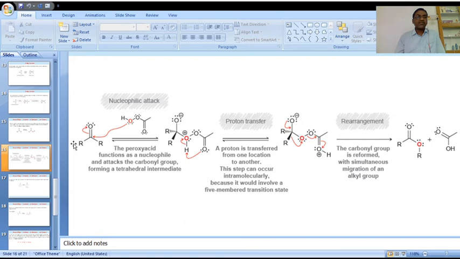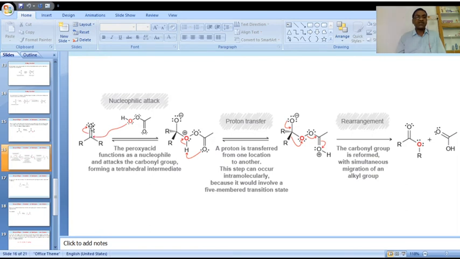Here, the ketone carbonyl functional group reacts with the peroxy acid. This peroxy acid acts as a nucleophile, because this particular oxygen contains a pair of electrons. That pair of electrons attacks the carbonyl carbon.